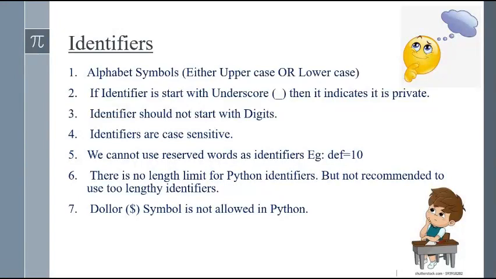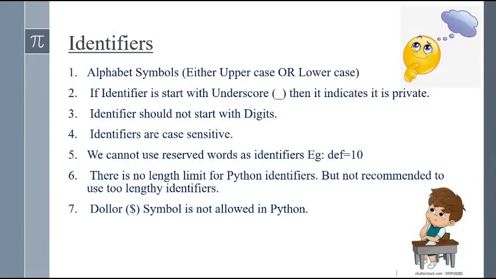We can use lengthy identifiers, but it is not recommended, though it is your choice and it doesn't matter. The seventh point is the dollar symbol is not allowed in Python. If you give dollar as an identifier, it will throw an error, which is invalid syntax.